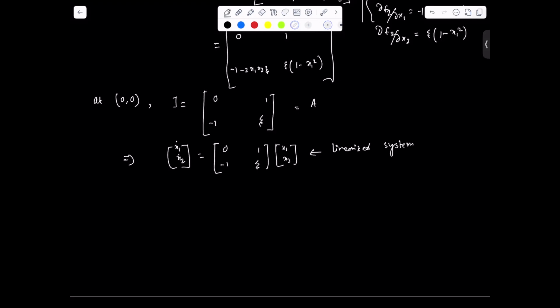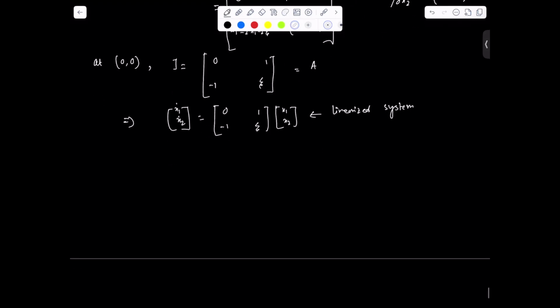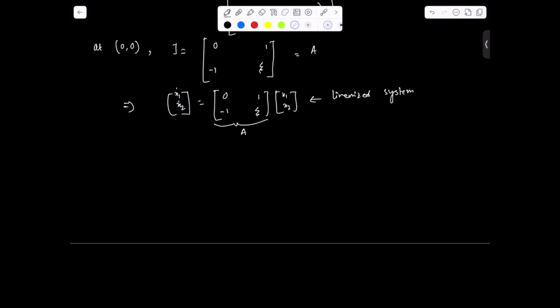This process we have done multiple times in this course. This is the A matrix, and from this the eigenvalues you can find.